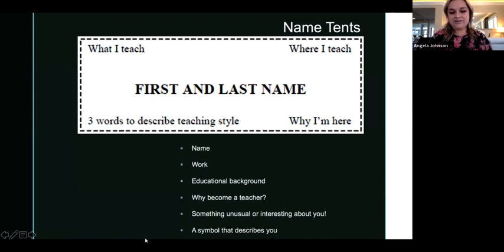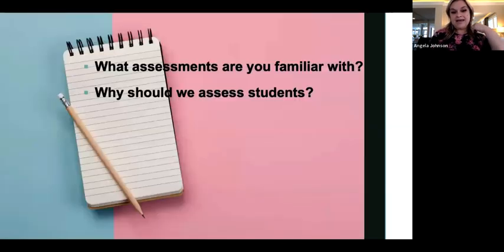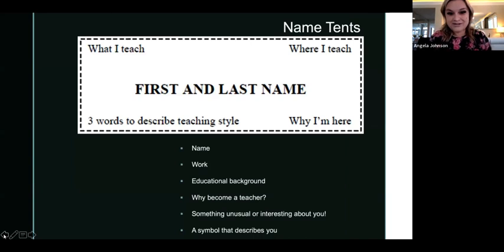And then also something unusual and interesting about you, a symbol that describes you. You can add those things to your Padlet from last week, right? The Padlet was super cool. I'm sure that you can make it even better as you learn about yourself, as you develop your sense for this class, and think about assessment and think about your students. Do that, right?